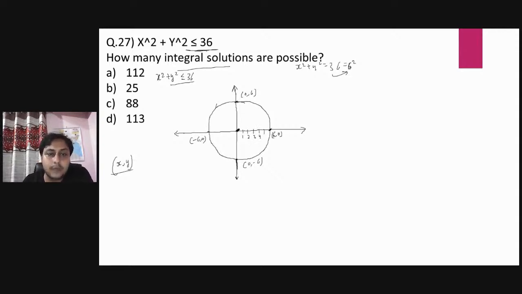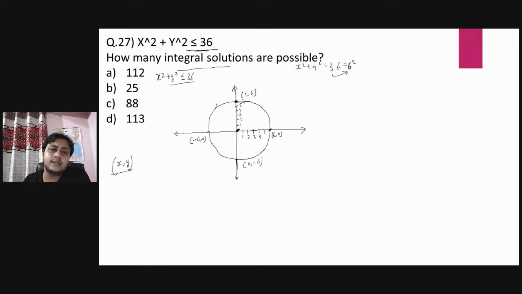Except the origin, how many points on the positive x-axis? 6 points, right? 5 inside the boundary, and 6 is one point on the boundary. Similarly, on the positive y-axis, how many points? 0 comma 1, 0 comma 2, 0 comma 3, 0 comma 4, 0 comma 5 and 0 comma 6.